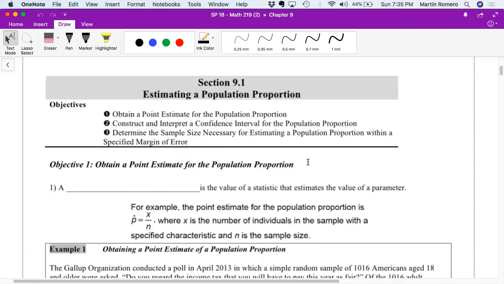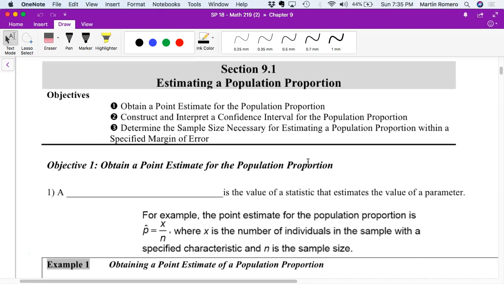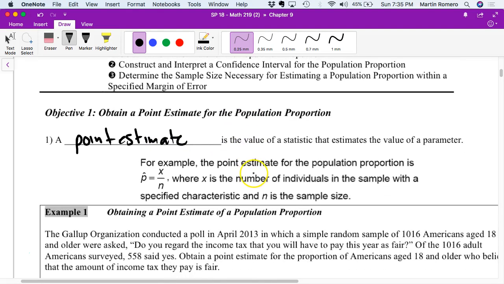And so this section, Estimating a Population Proportion, we've talked about this before with the idea of something called a point estimate. For example, if I asked you to estimate my age, you would more than likely use a point estimate. It's a single value.